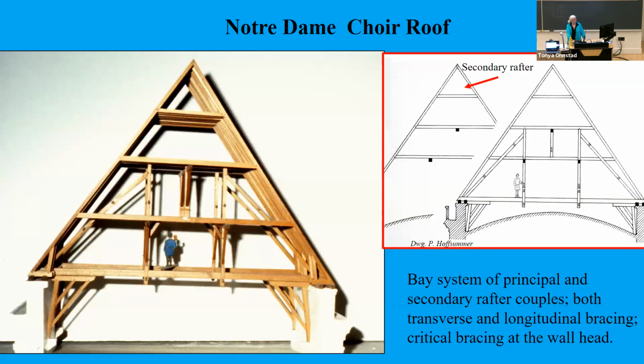So let's take a little closer look at the Paris choir and see what's going on here. You see the secondary truss, the secondary rafter couple, is very light and has much fewer members than the primary frame or truss.